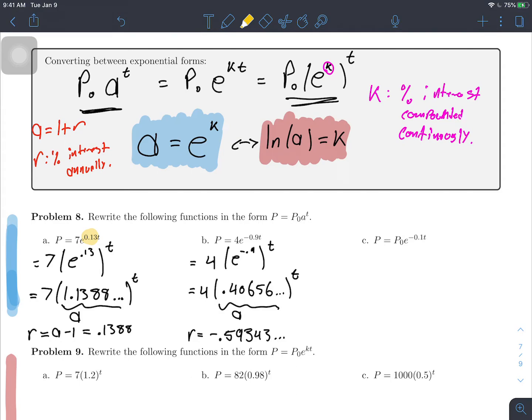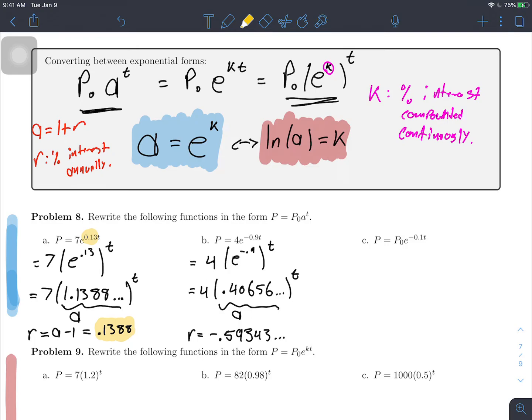What the bottom part says with our r, this says that equivalently, we can instead compound interest at a rate of 13.88% annually.